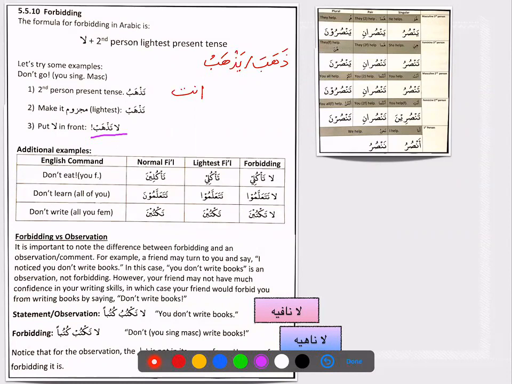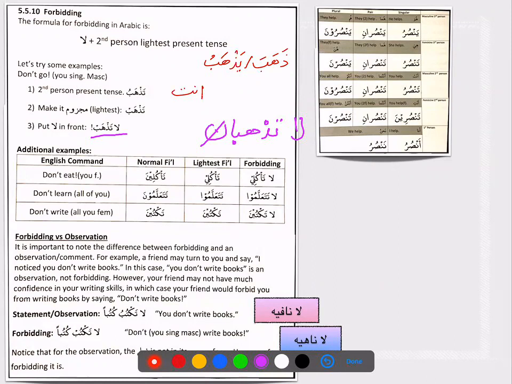Now for antuma, it should be tazhaba, and then it becomes tazhabani, right? Tazhabani is our regular form, so we need to make it majzoom. You drop this noon, add la, and it will become la tazhaba. So this is our antuma.